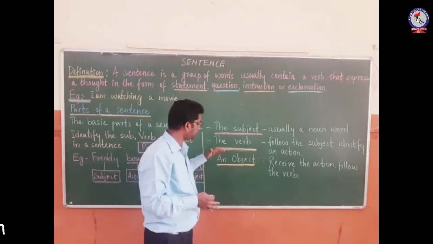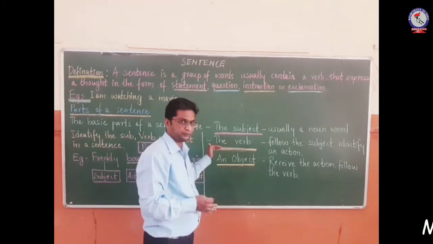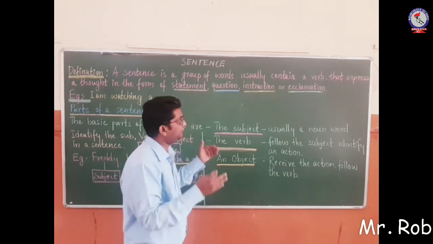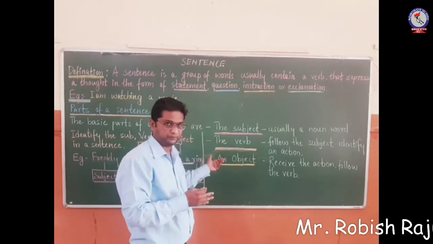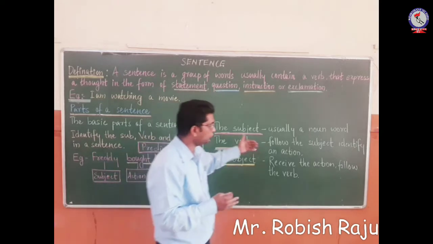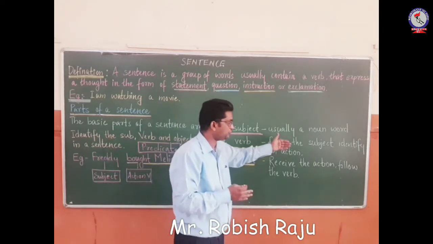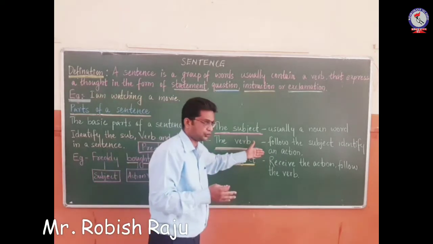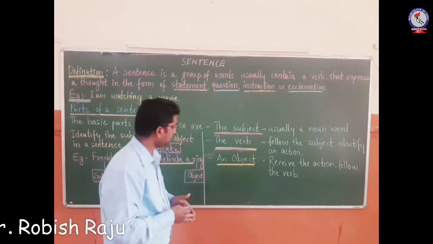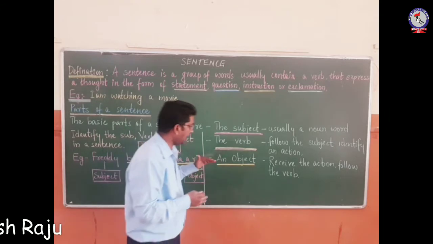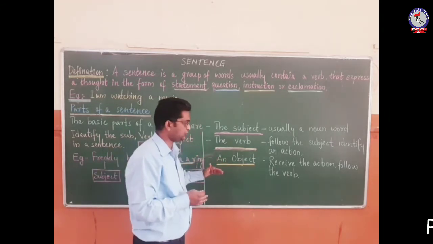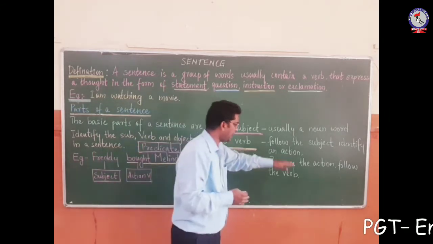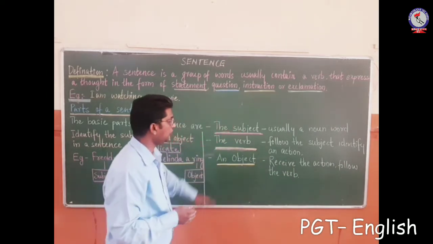Second part, the verb. In a sentence there will be a verb. Now the verb will follow the subject and it identifies the action. Then there will be an object in the sentence that receives the action and follows the verb.